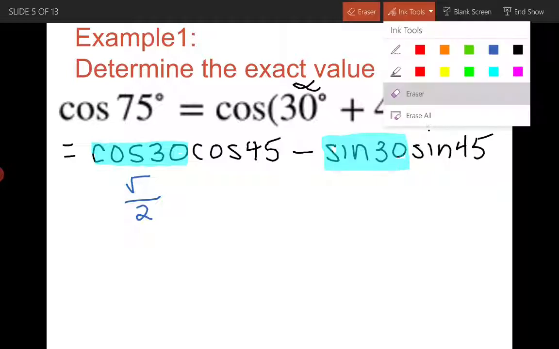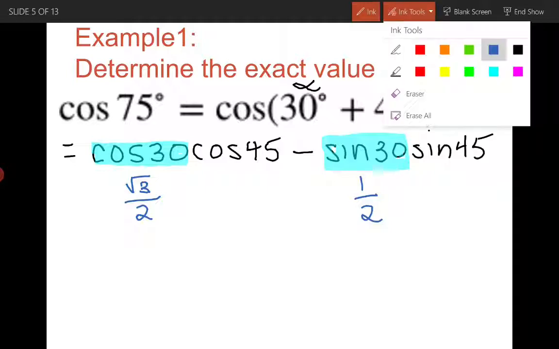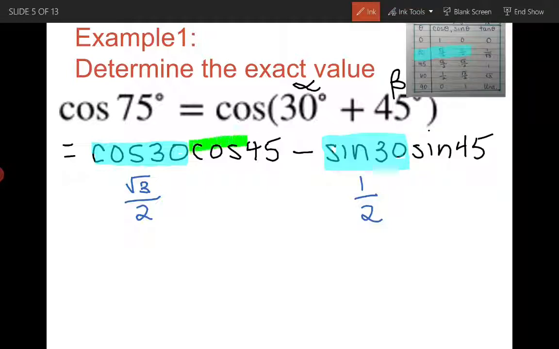It's radical 3 over 2. The same thing with the sine. It's not the sine of 1/2. The function equals 1/2. Then I'm going to do the same thing with my 45 degree. I know them on my unit circle. I know that the cosine of 45 degrees is radical 2 over 2, and so is the sine.